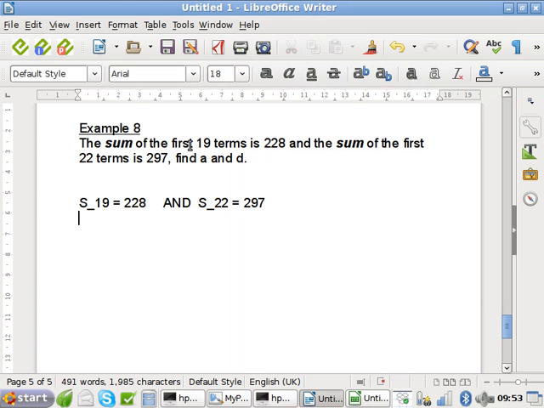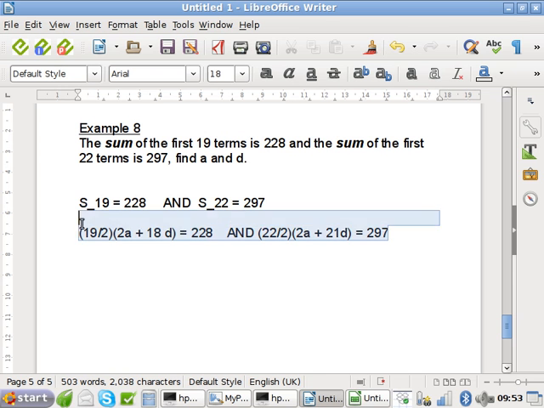What's the formula for S19? Well, that's 19 over 2 times (2a plus (n minus 1)d), which is 18d. That should equal 228. And the sum of the first 22 terms is 297. So 22 over 2 times (2a plus 21d) is 297.